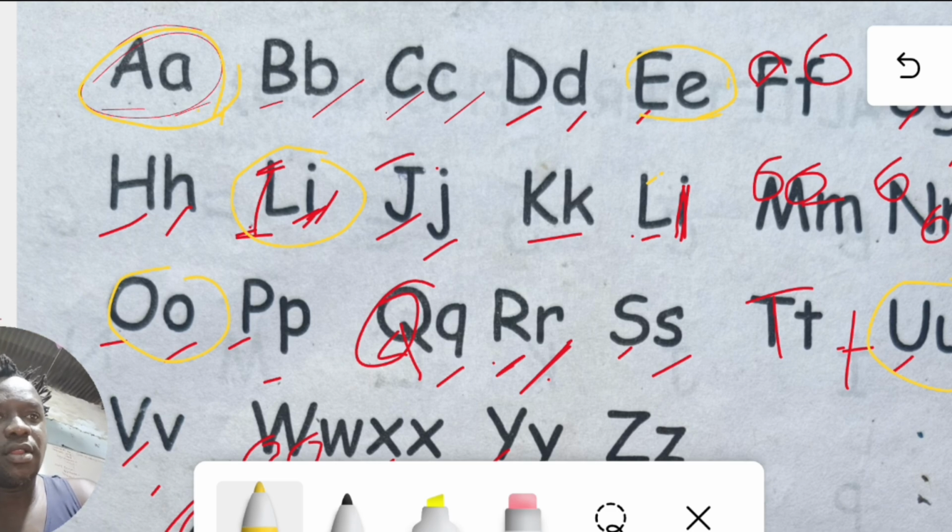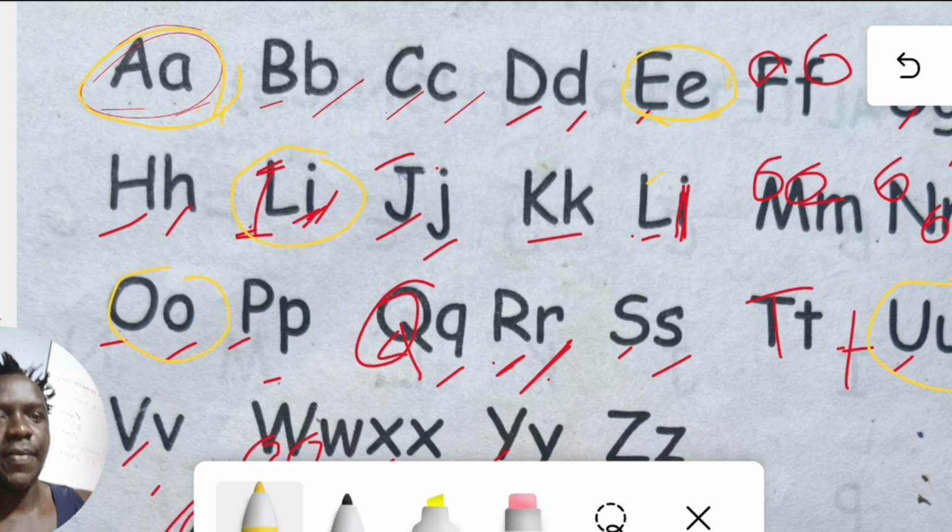Those circled in yellow are called vowels, and the remaining ones are consonants.